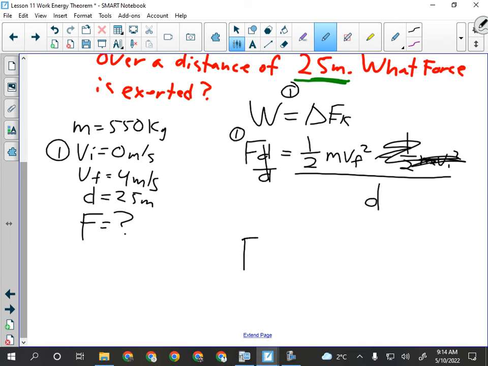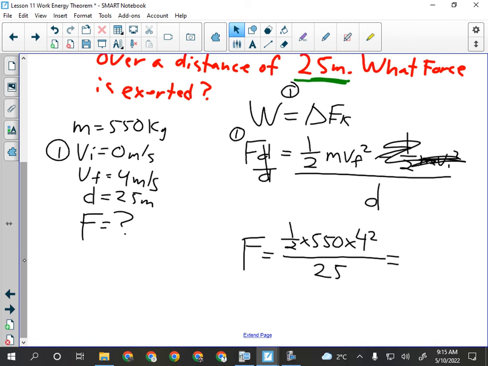Okay, so F equals 1/2 times 550 kilograms times 4 squared, okay, divided by 25 meters. Okay, so that will calculate the force the tractor exerts on the rock.